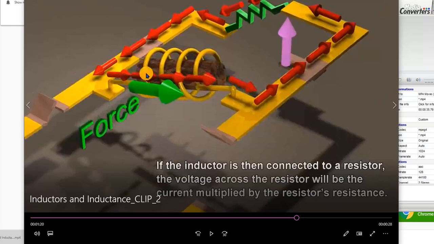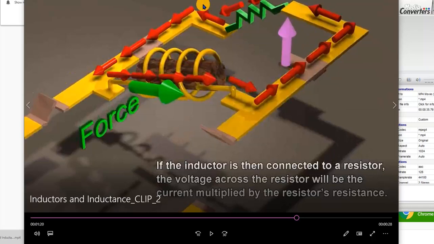Initially, when it was trying to resist, the force was in this direction to stop the current flowing. Now it wants to keep the current flowing, so it will offer a voltage that tends to push the current flowing. Now, a path has been given to the current to flow to avoid any problem.